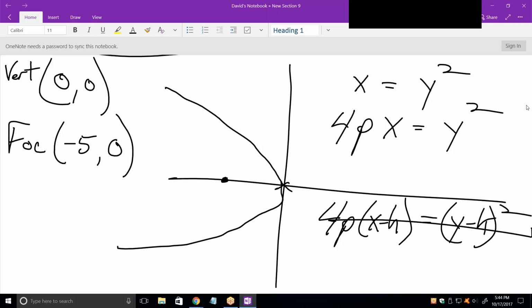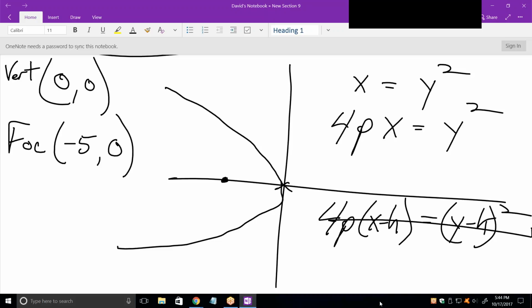They told us what p is. It's 5, right? Actually, minus 5. Yes, p does have a sign. If p is to the right of the y-axis, it's plus. If p is to the left of the y-axis, it's minus. If it's up and down, then if it's below the x-axis, it's minus, and if it's above, it's plus.